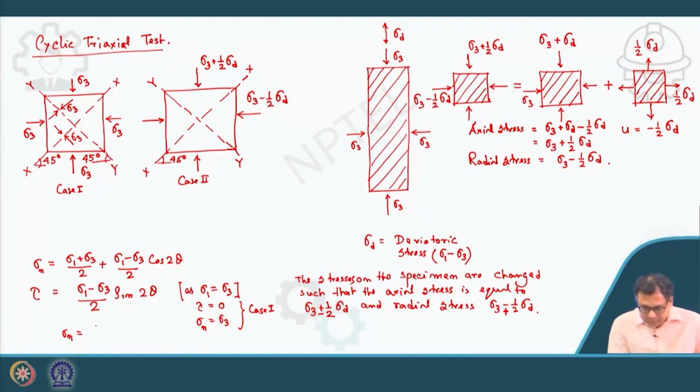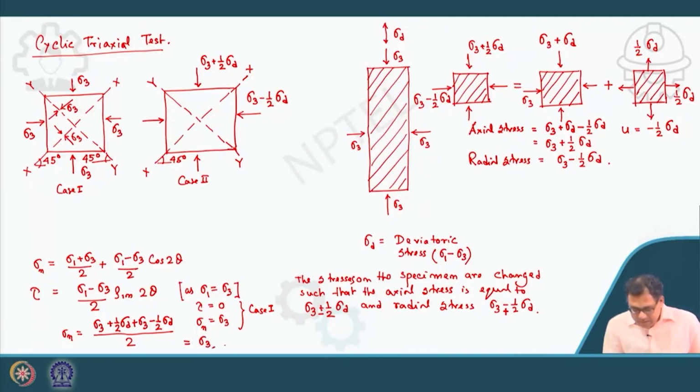So sigma n will be sigma 3 plus half sigma d plus sigma 3 minus half sigma d divided by 2. So this will be again sigma 3.